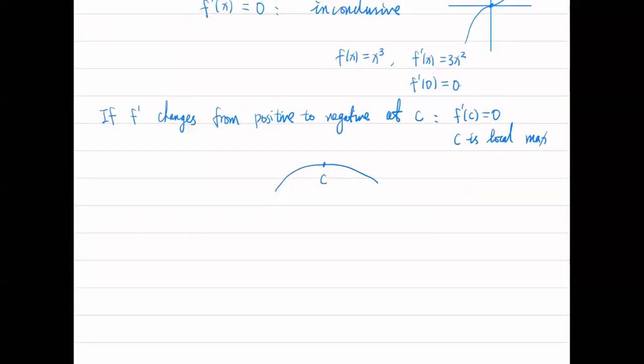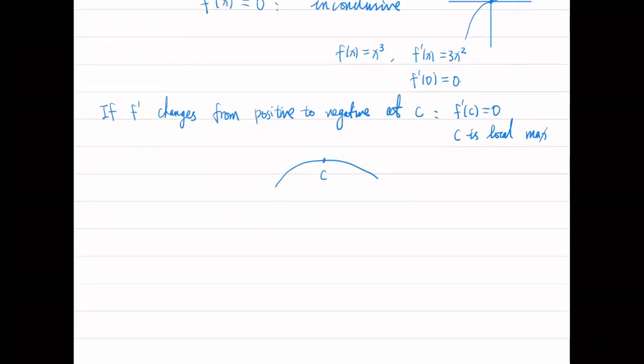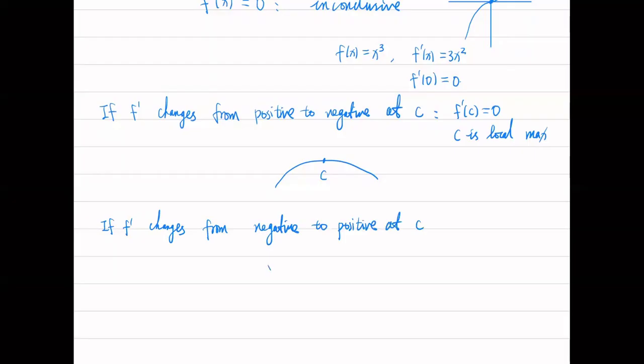Similarly, if it changes from negative to positive at a point, then the opposite happens. Before c it is decreasing, negative. After c it is positive, so that's a local minimum.